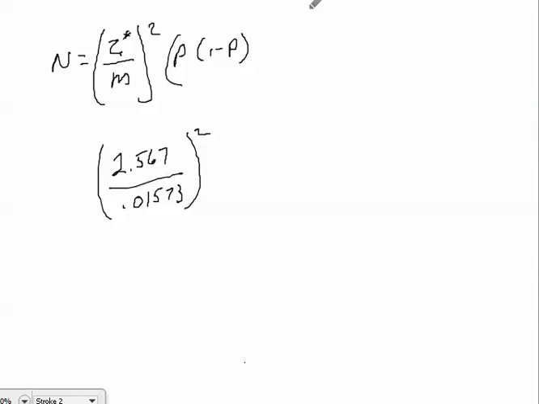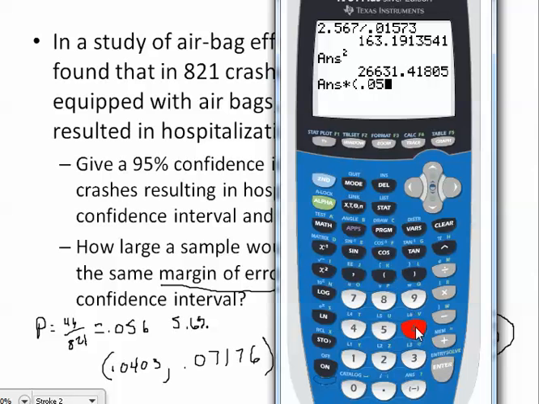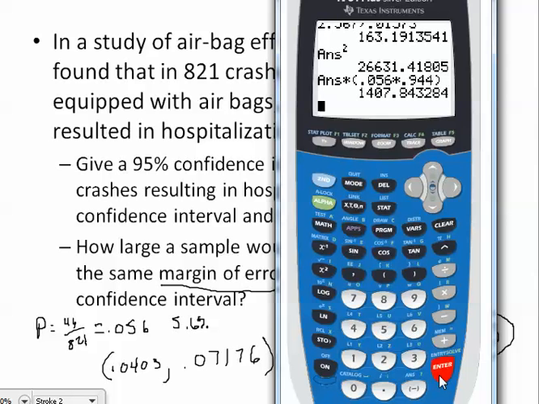I'm going to go back and look now. Didn't write it down. Oh, 0.056. And then we're going to multiply that times 0.944. That's 1 minus 0.056. And when we multiply that out, we get 1407.84.